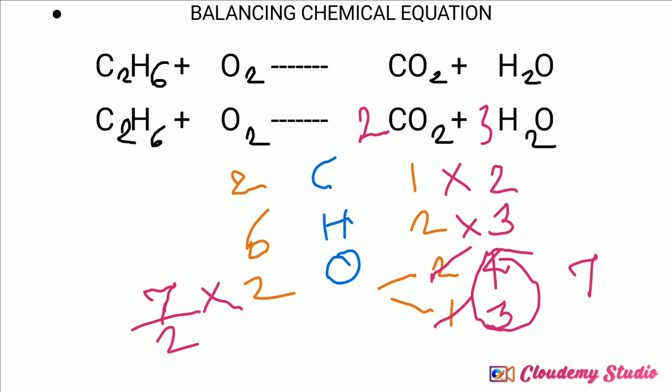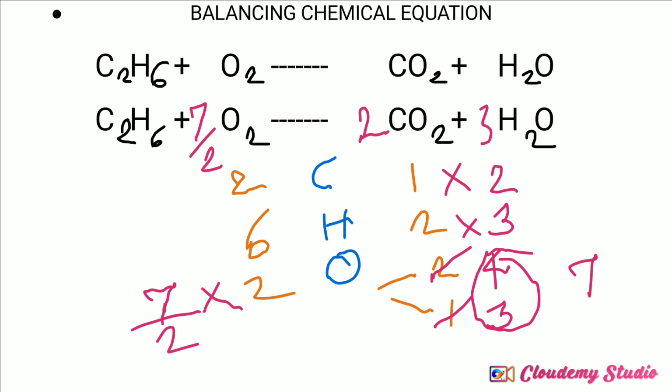So this 7 by 2 is the coefficient for oxygen. Where is this oxygen? It is here in oxygen. So here we need to write 7 by 2. 7 by 2 is the coefficient for oxygen.